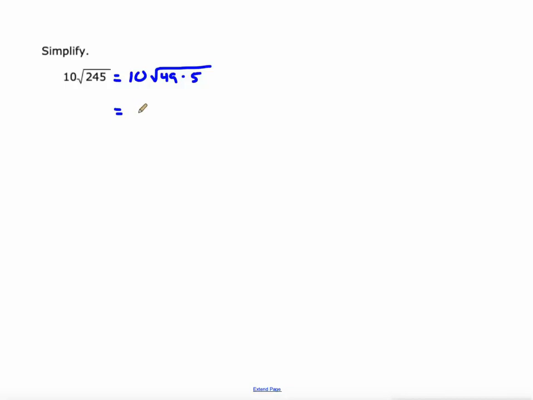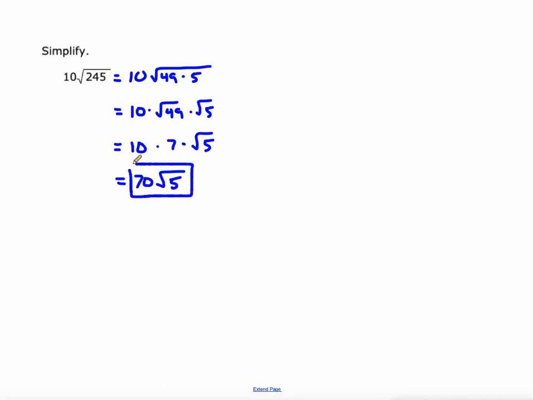So, this is 10 times the square root of 49 times the square root of 5. And we know that the square root of 49 is 7. And we also know that 10 times 7 is 70. So 70 times the square root of 5 is equivalent to 10 times the square root of 245.